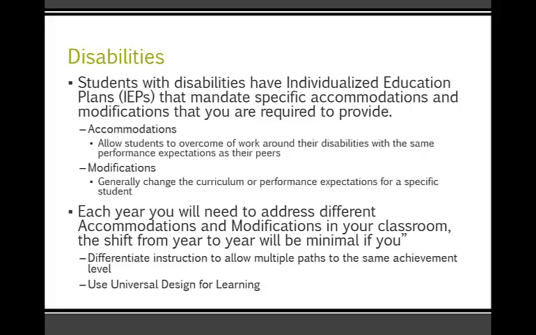And in a modification, we're saying the student's not going to be able to, for whatever reason, get to the same outcome, the same performance expectation. And so we need to modify that because we need to give a different target or a different mastery level to that student. So every year you're going to need to address different accommodations and modifications in your classroom. And the shift from year to year will be minimal if you do two things.